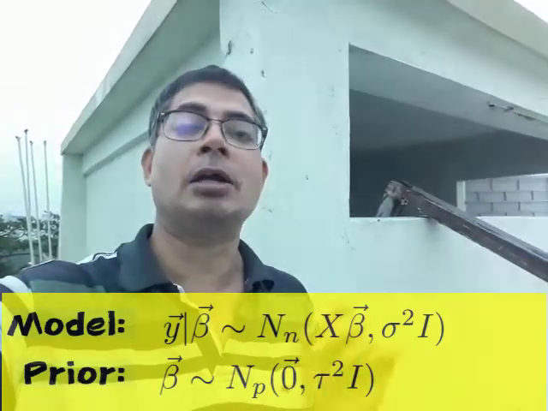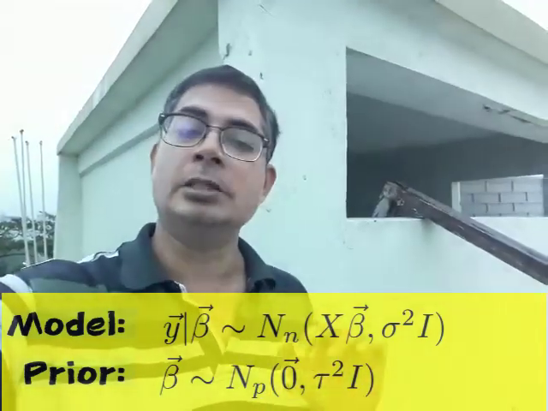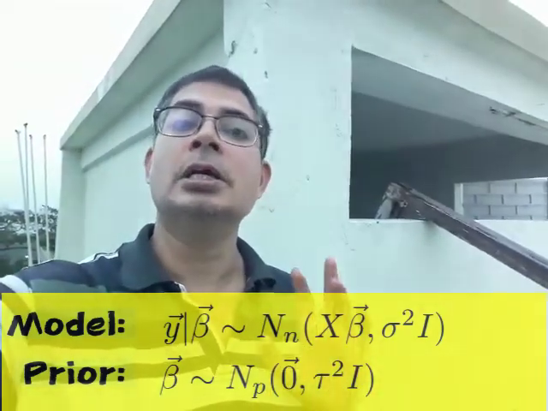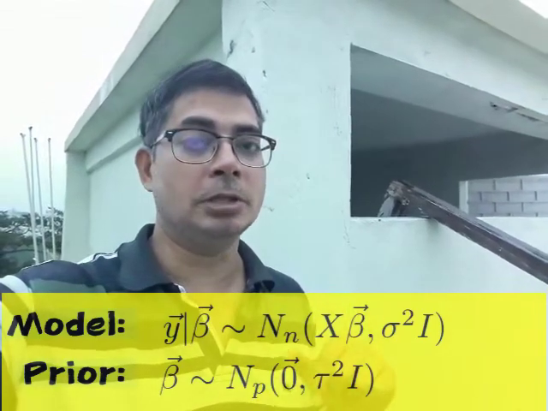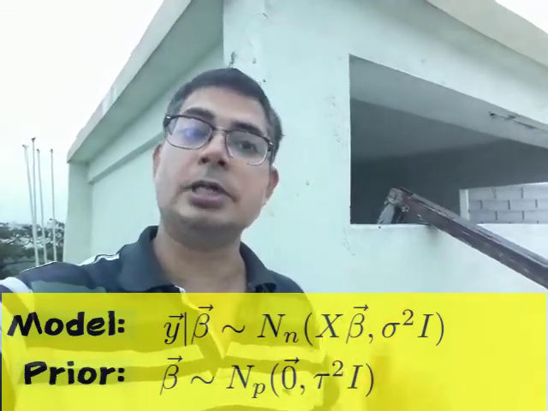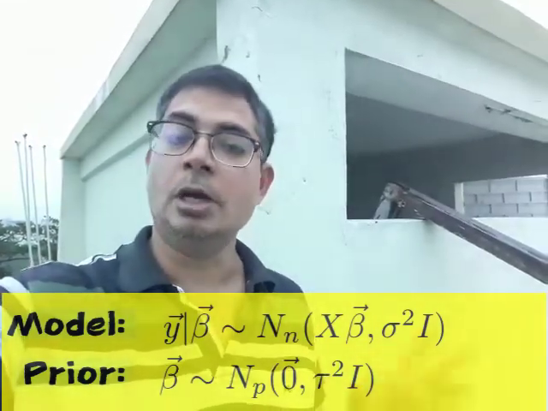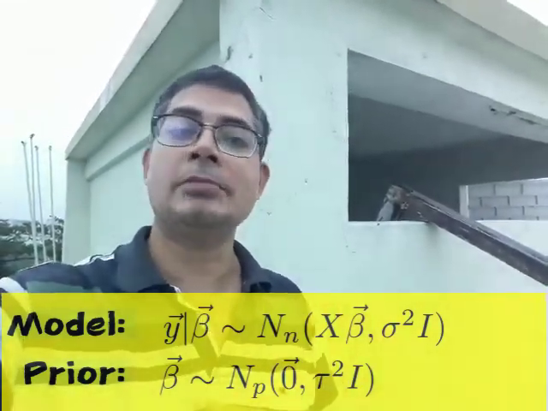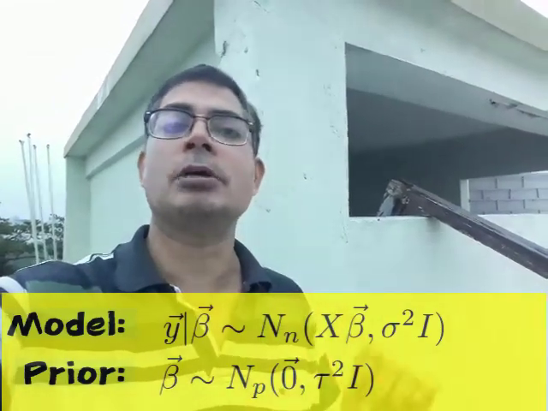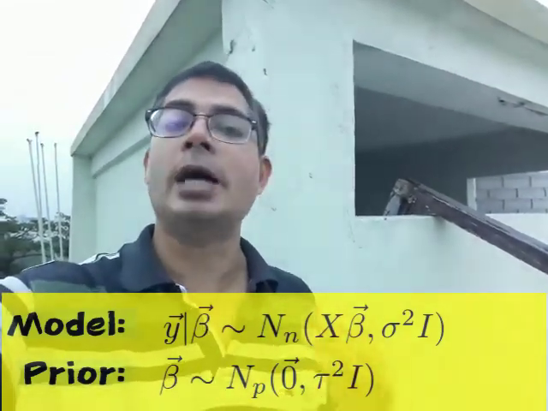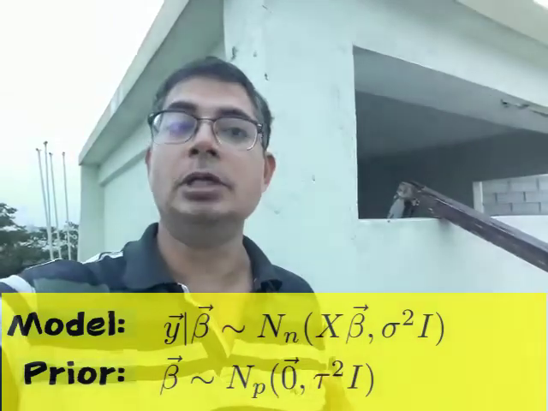So lambda and tau square are related. They are both tuning parameters. In this formulation, the tuning parameter is tau square. In that formulation, the tuning parameter was lambda. Now, I am not going to go into the details of this. It is pretty straightforward. Just do the computation and you will see why these two things are actually equivalent.